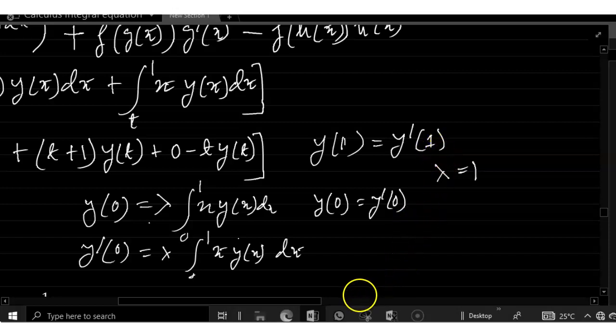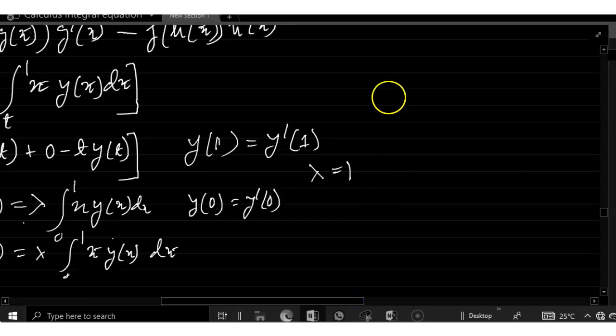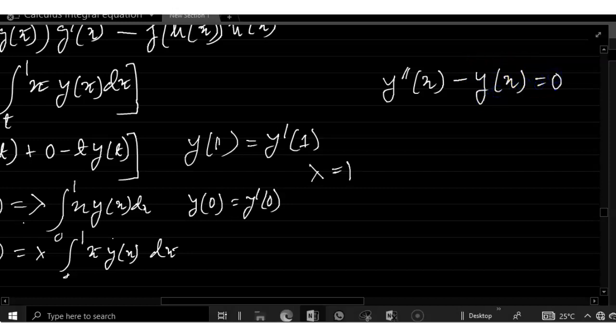So y double dash x minus yx equals 0. So m square minus 1 equals 0.